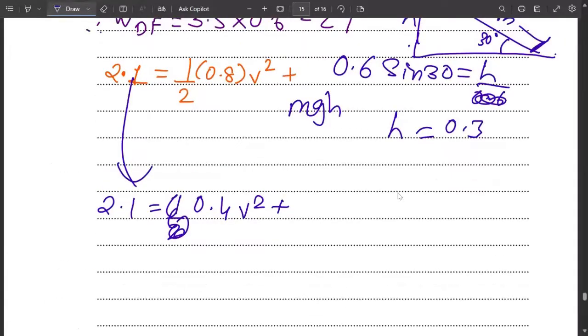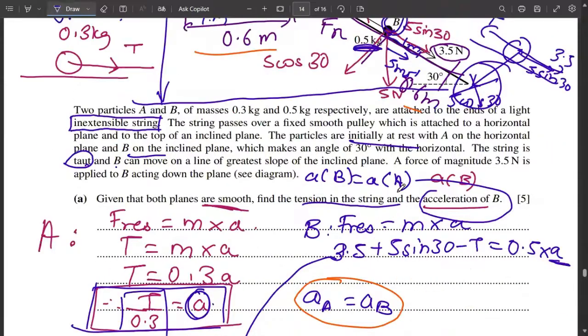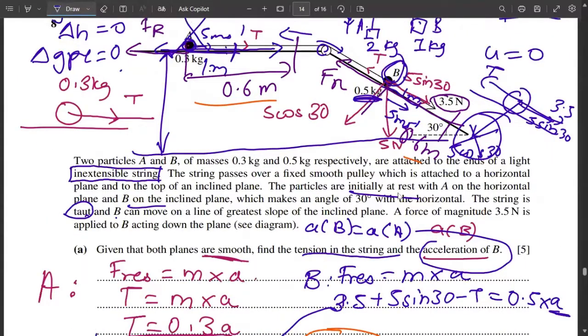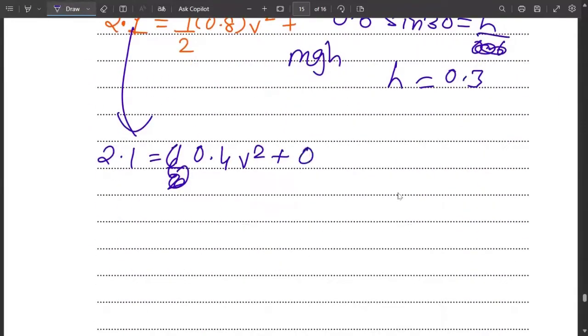So the mass of B is 0.5 kg. Acceleration due to gravity is 10. And the difference in height, delta H, is equal to 0.3.